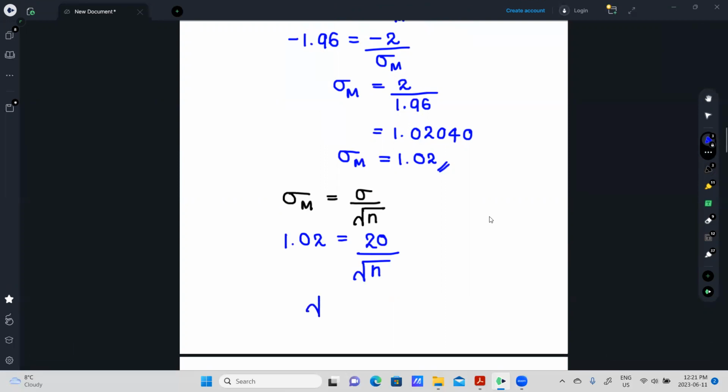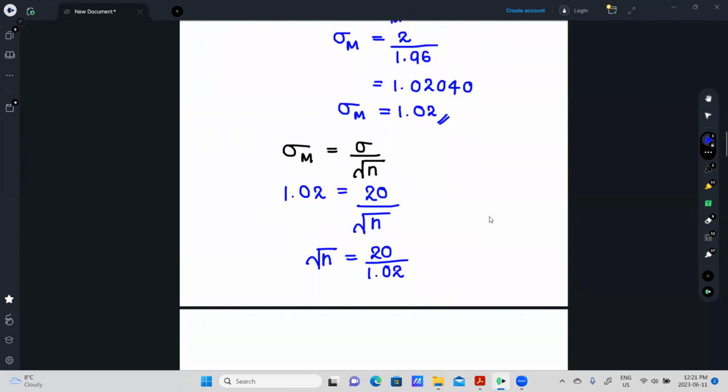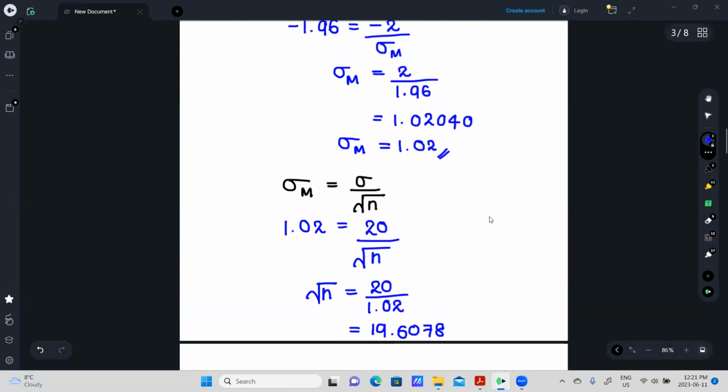I'm going to cross multiply, and square root of n is equal to 20 divided by 1.02. 20 divided by 1.02 is equal to 19.607. This answer is 19.6078. So we can still use two decimal places.